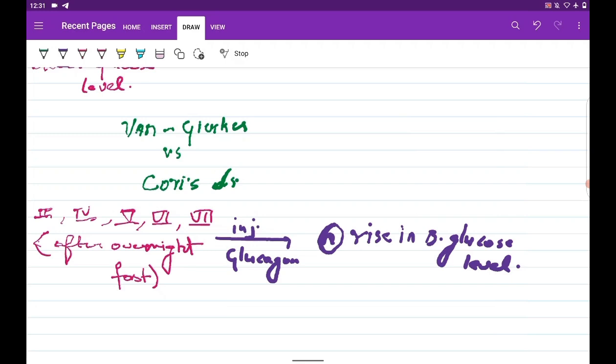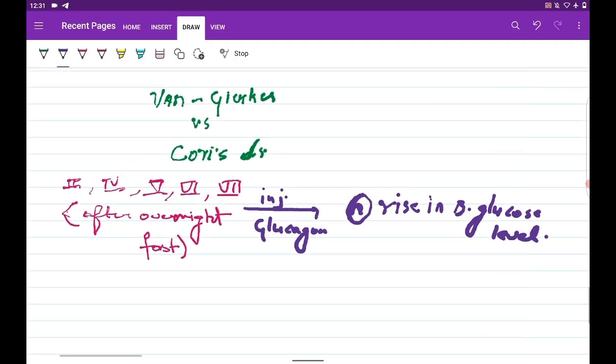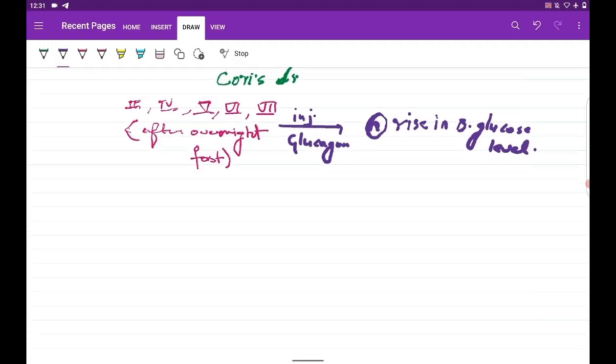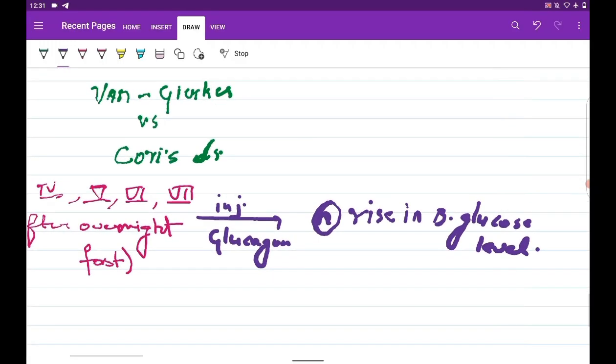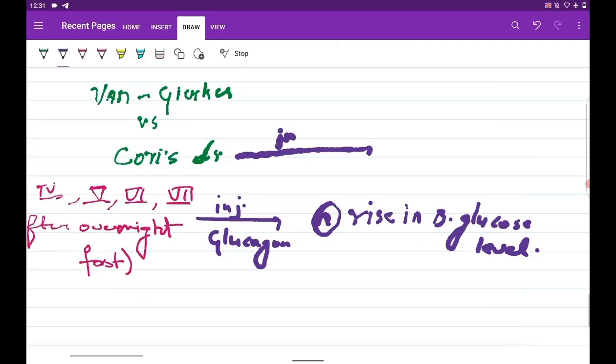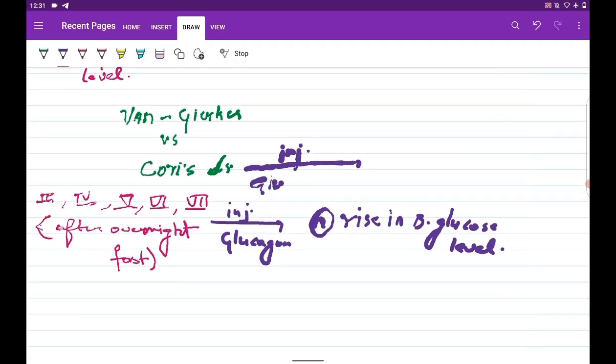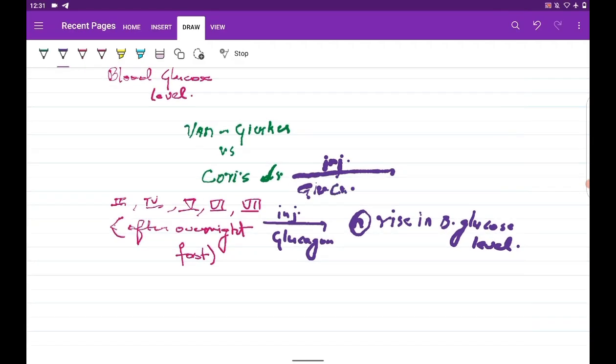Even after an overnight fast, in von Gierke's and Cori's disease, if we give injection glucagon, there will not be a normal rise in blood glucose level. It will rise very little. So how to differentiate between those two? We give injection glucagon again, but this time 2 hours postprandial. In Cori's disease, there will be a normal rise in blood glucose level.